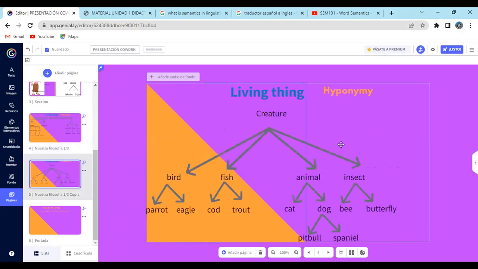Okay, I got an idea, guys. The topic, as your teacher said, is living things. Maybe we can use the word creature. For example, we can use invertebrates, animal. Two classifications. Esta es mi idea, fíjate. Living things, creatures, number one, invertebrates, number two, vertebrates.